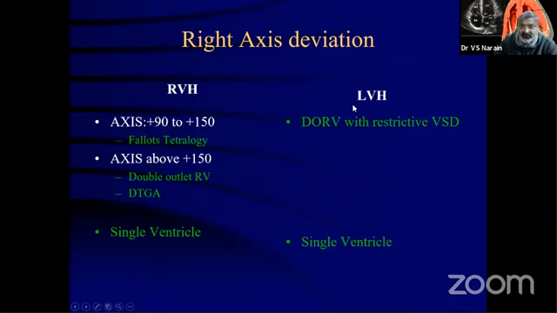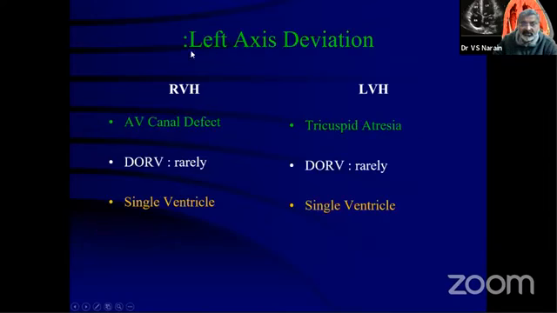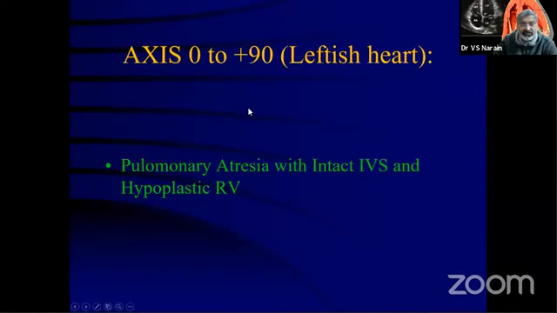So right axis deviation with LVH gives you double outlet with restrictive VSD. Right axis RVH is tetralogy physiology, but an extreme RVH within tetralogy physiology can give you double outlet right ventricle. And remember, left axis with LVH is tricuspid atresia, and left axis with RVH gives you AV canal. So these 4 diagnoses can be made by looking at this combination.